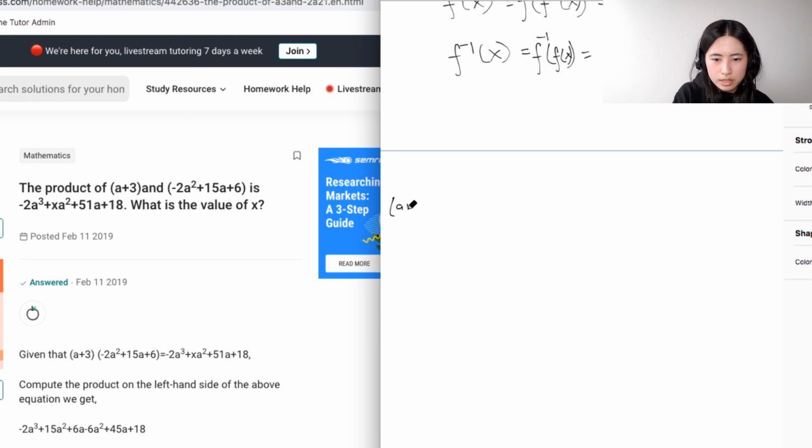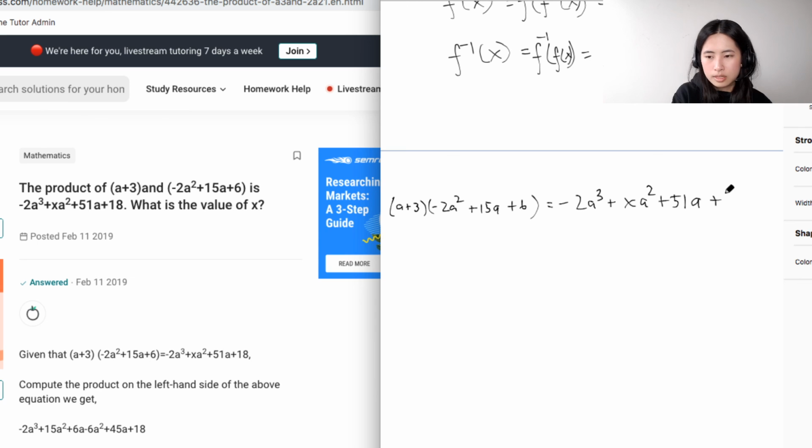Okay, so we have a plus 3, and this is going to be multiplied to negative 2a squared plus 15a, and this is plus 6, and this is equal to this, which is negative 2a cubed plus xa squared, and this is plus 51a, and this is plus 18. Okay, great. So now that we have that, we have to expand the whole thing and try to simplify as much as we can, and later on we're going to see what happens to our xa squared.